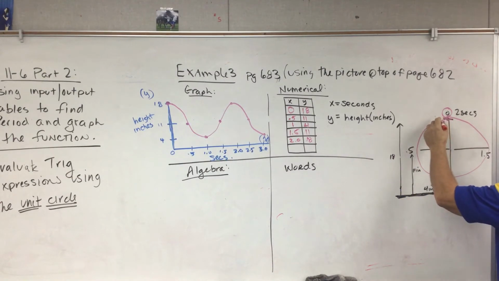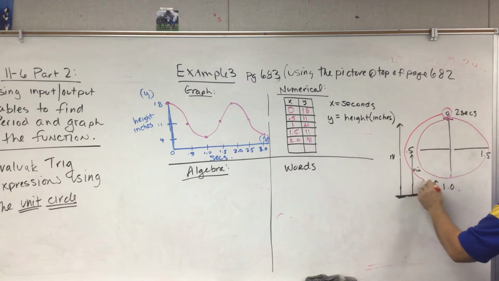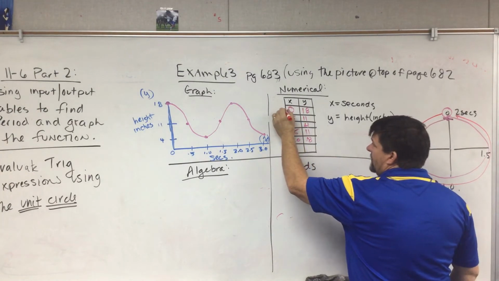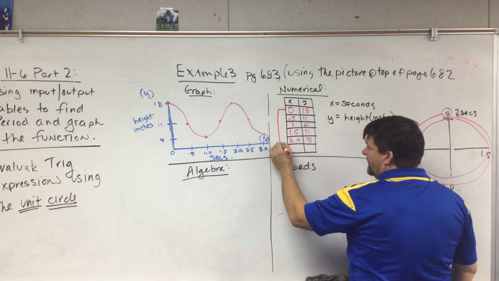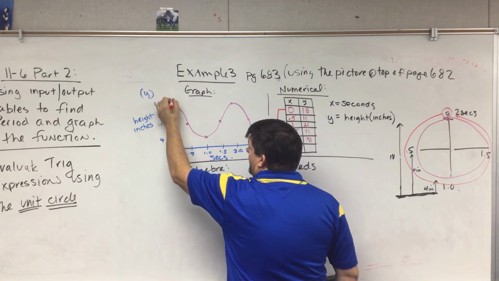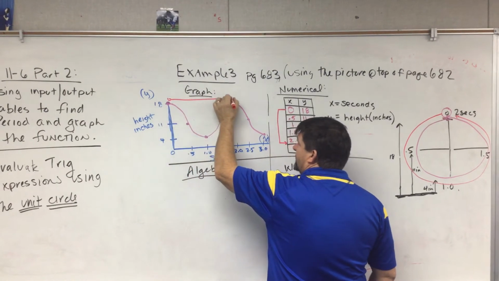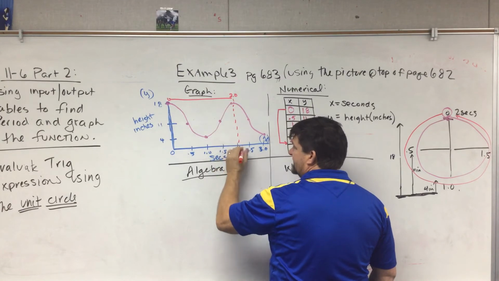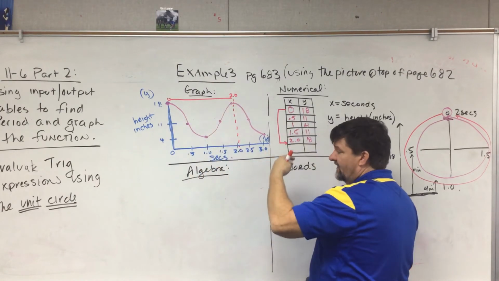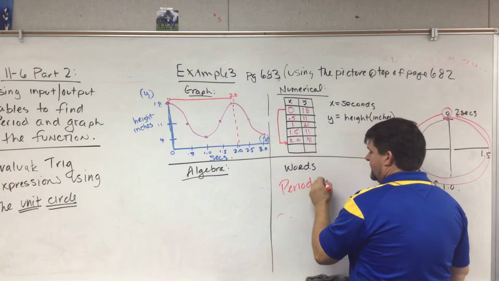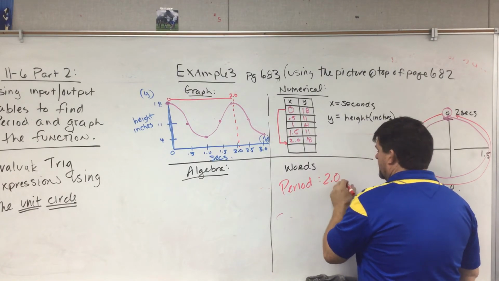Well, one cycle goes from 0 all the way around to 2.0 seconds. At 2.0 seconds, this repeats itself again. So the period is 2.0 seconds.